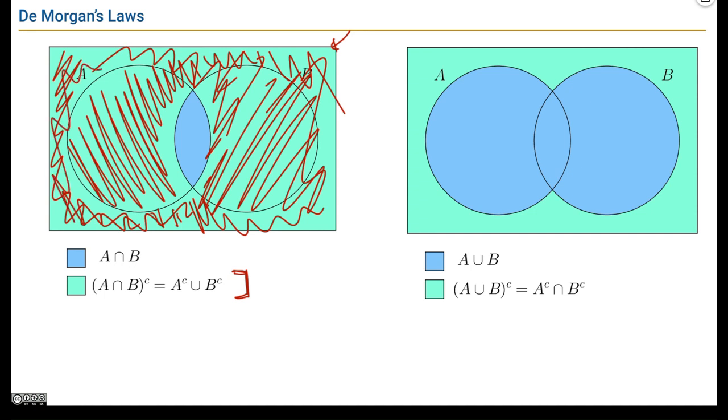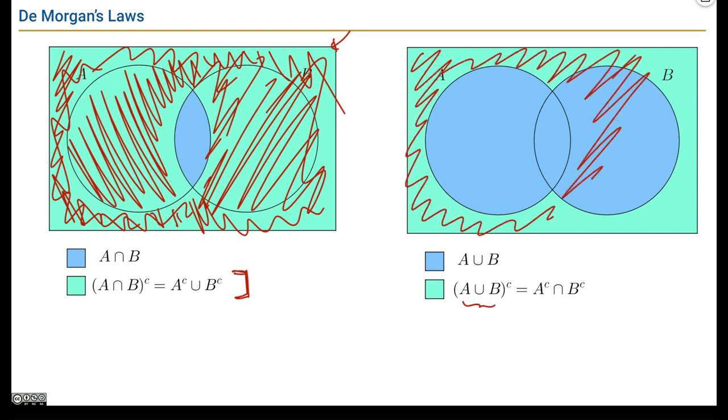And then similarly, we can use it to look at the complement of a union. So if I have A or B here, which is everything inside both circles, and then I take the complement, that's everything in green. And notice another way I could have gotten that was by taking everything outside of A. So A complement is everything outside of A, and again, when I'm saying everything outside, I'm including any elements that are not in A. And then I want an and everything that's not in B. And so when I do that, I want to get both of those.